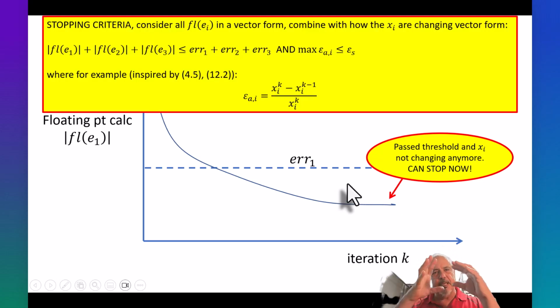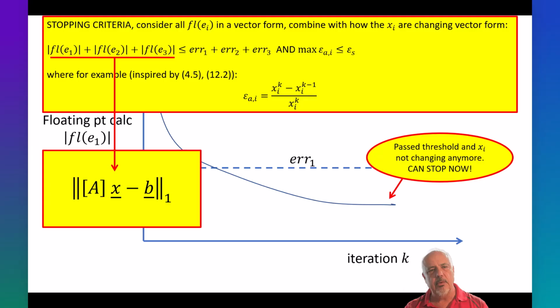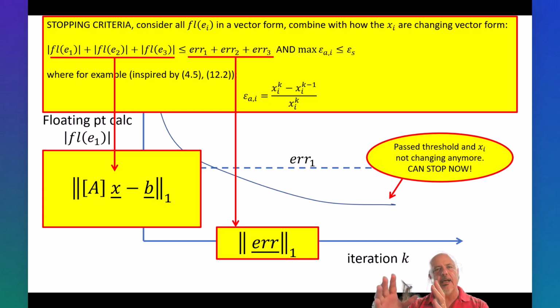Now we bring this back into a vector form where we've got the floating point calculation of e1, e2, e3. And we say, okay, that's going to be a one norm. Quite frankly, you do the one norm of all of those, and you look at that in terms of the one norm being less than or equal to the one norm of the errs, right?